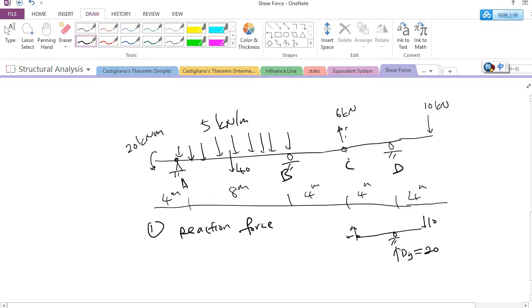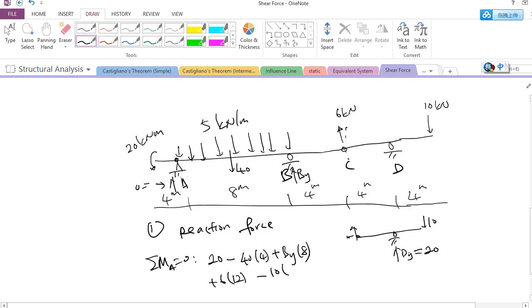If you take moment at point A, the summation of MA equals 0. Let's draw some loads first. This is BY, and you can see the couple is 20, minus the moment contributed by the distributed load, 40 times 4, plus BY times 8, plus 6 times the total distance, which is 12, minus 10 times 20, equals 0.